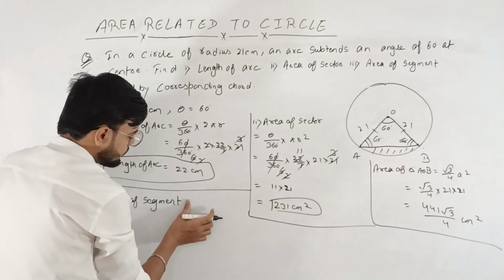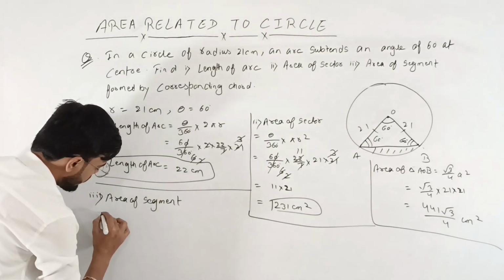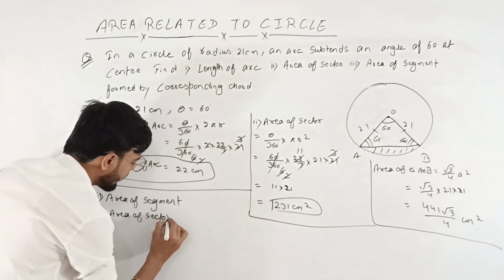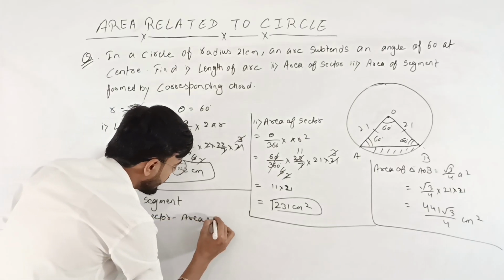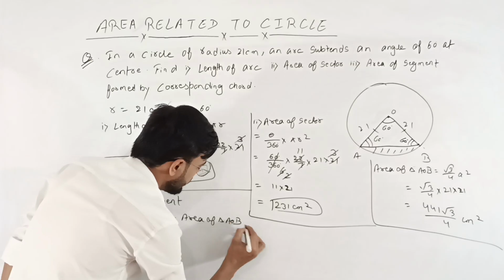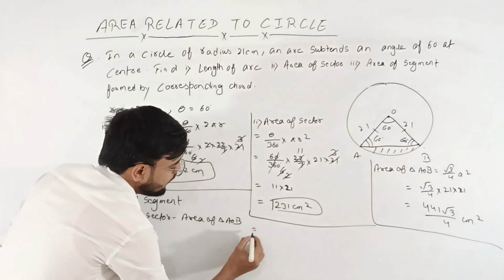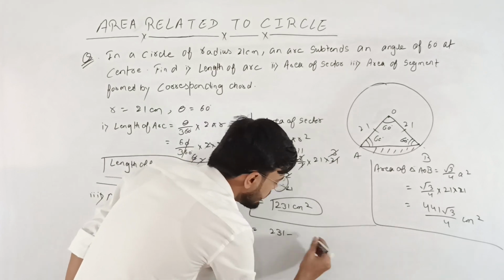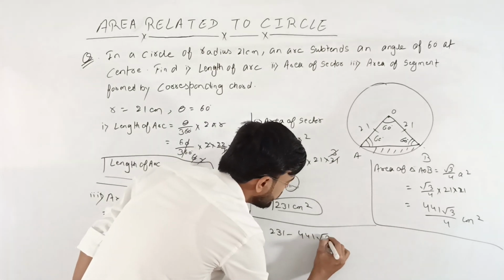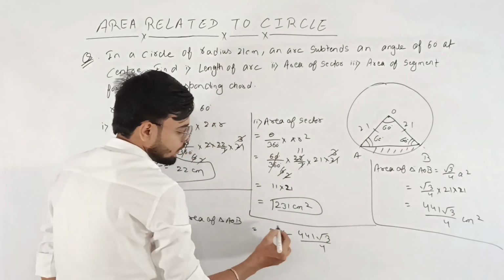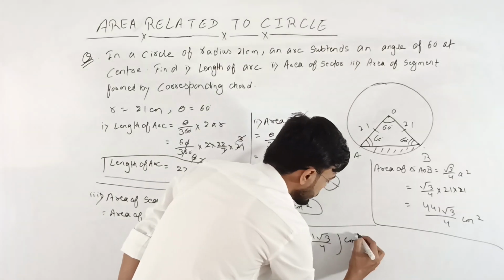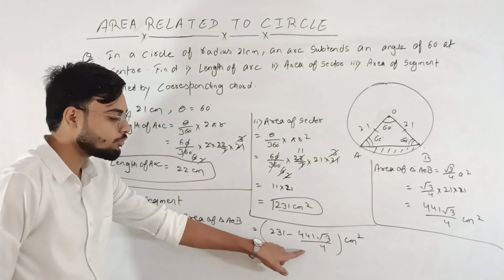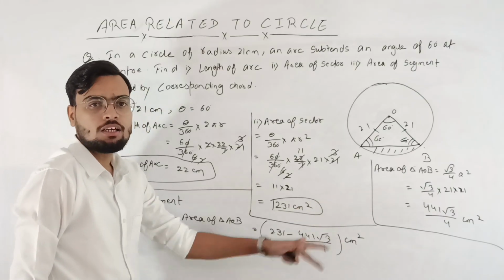So area of segment is area of sector, which is 231, minus area of triangle AOB, which is 441 root 3 upon 4. So this is the area of this segment, which is 231 minus 441 root 3 upon 4 centimeter square.